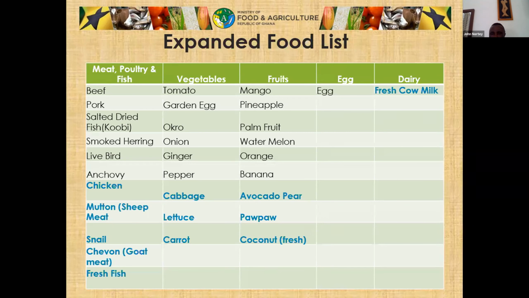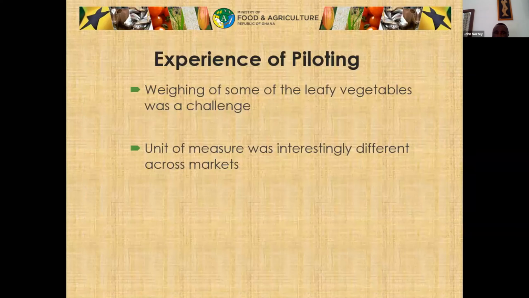For dairy products, milk, we didn't cover it at all. It is one of the difficult areas because it doesn't come to the market. It has to be in the district for the enumerator to know where it is produced so he can go and collect that price. Right, so that was the experience of piloting.